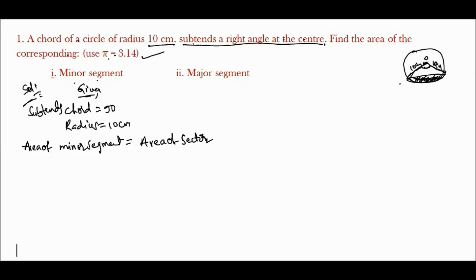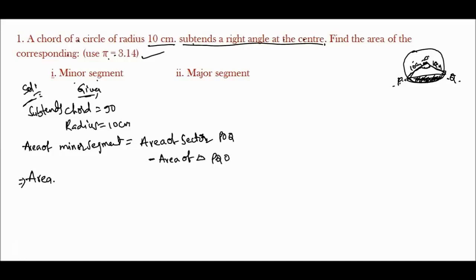Area of sector means this total, this is P and this is Q. So OPQ is the total sector, POQ is a sector. Minus the area of triangle OPQ.